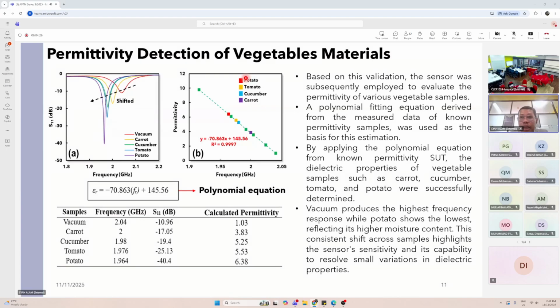I agree with your question, because for vegetable materials we can also analyze the water content. So it also has an effect on the permittivity, real and imaginary. But in my student's research, we only focus on the real permittivity. Maybe in the future, we will explore the imaginary permittivity and conductivity in more detail.